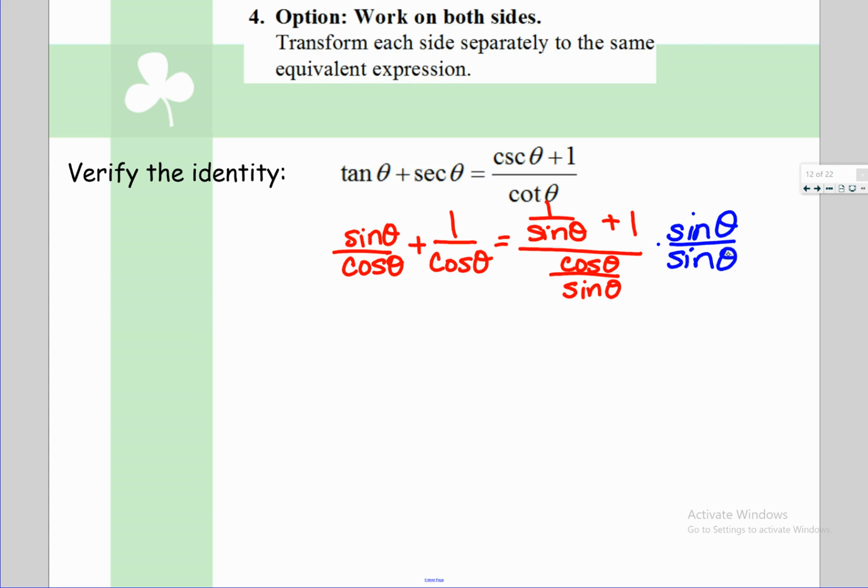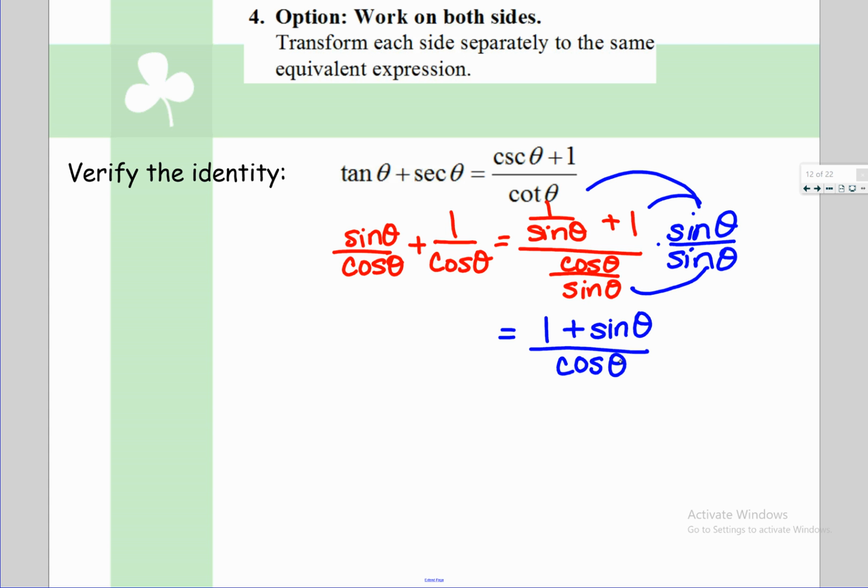I don't want the denominator of sine, so I'm going to multiply by sine over sine on the right. Make sure you distribute it to every term, numerator and denominator. 1 over sine times sine, what does that give me? 1. 1 times sine, sine. Cosine over sine times sine gives me cosine.